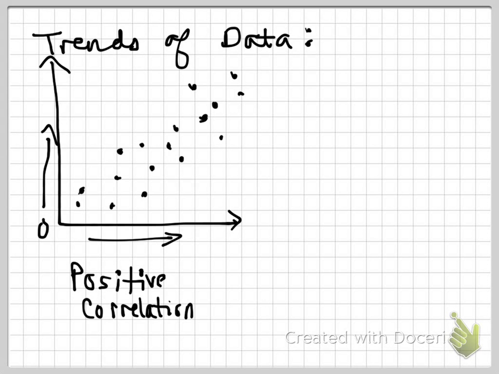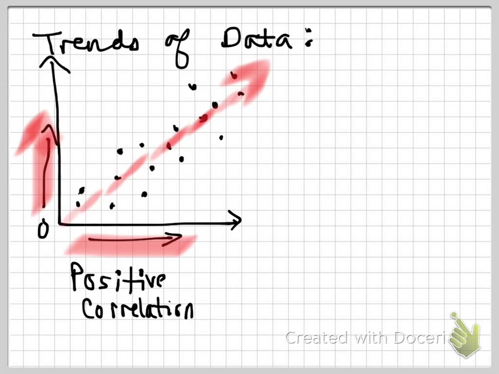Right? So there's an overall upward line you could kind of draw through the middle of your data. Most of the data points seem to be increasing positively in both directions. As one set of values increases, the other set of values increases. The opposite of that is going to be your negative correlation.